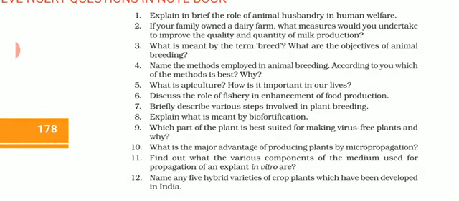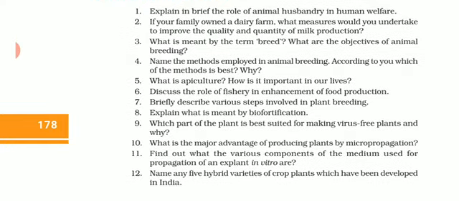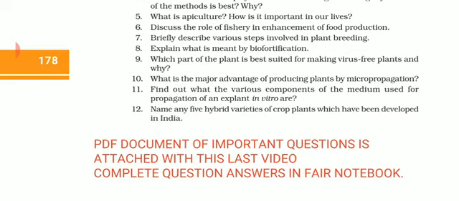Many of these questions I have already given you when we talked about the very first or second video lecture. A PDF document of important questions is attached with this last video. You have to complete all those question answers in the fair notebook. Note down, there are 1 mark, 2 mark and 3 marks questions. Answers are also attached with them.